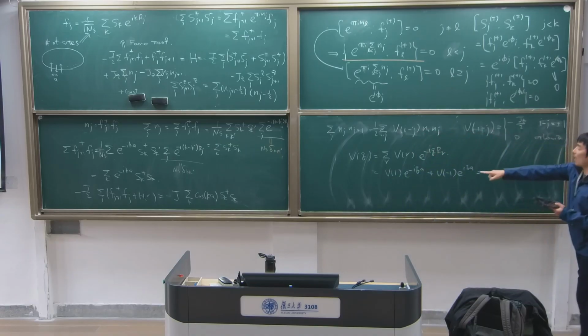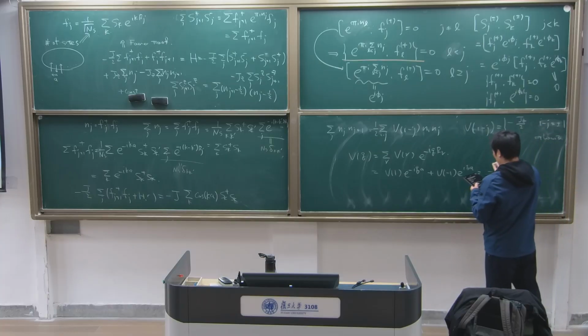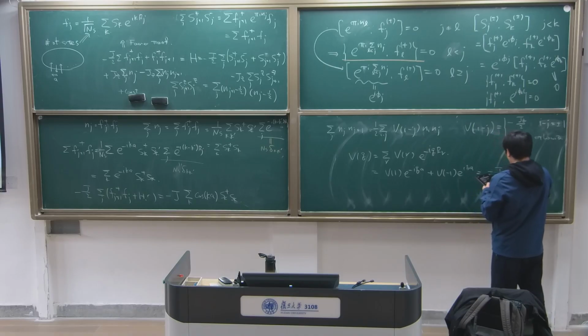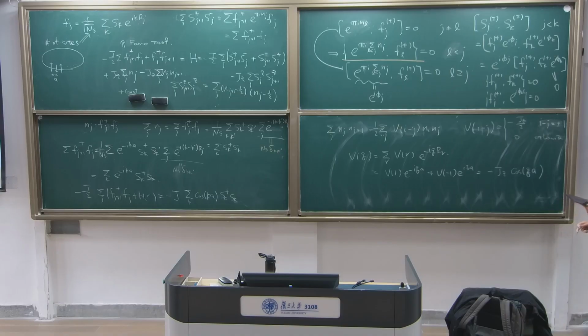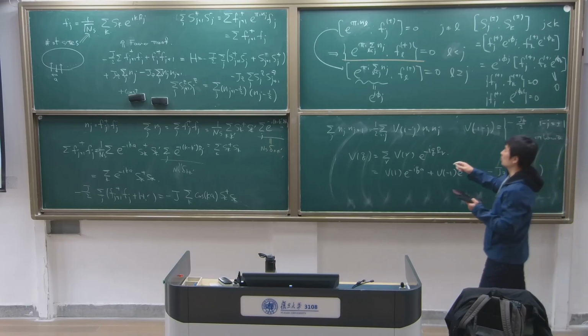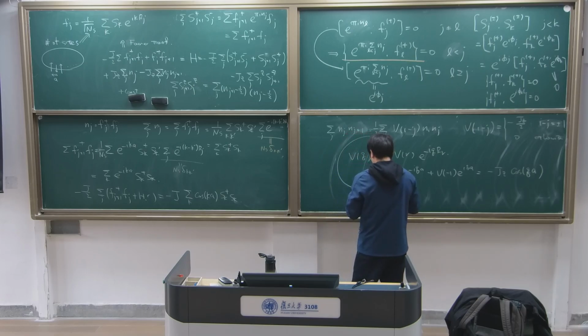And we know that B1 and B minus 1 are equal to this guy. Therefore, this one is equal to minus Jc cos of q a. Okay. Then if you do the Fourier transformation, this one is equal to 1 over 2 Ns.